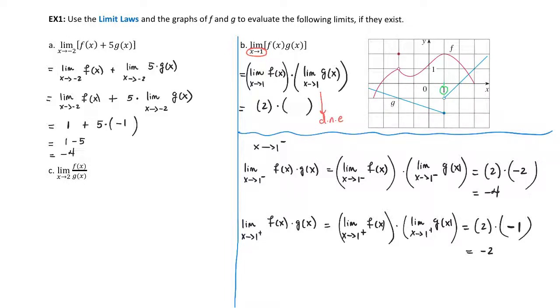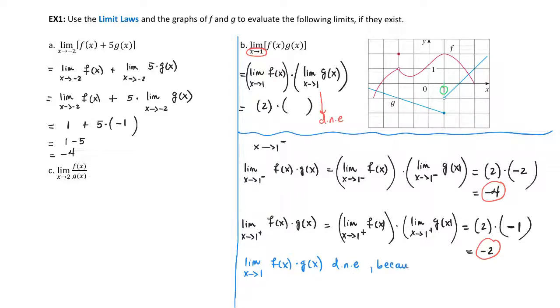Now, what's the problem with that? Look at this. -4 for the left-hand limit. -2 for the right-hand limit. We already discussed in the previous section that if the one-sided limits are different, then the double-sided limit does not exist. So the conclusion will be here that the limit as x approaches 1 of f of x times g of x does not exist. Why?